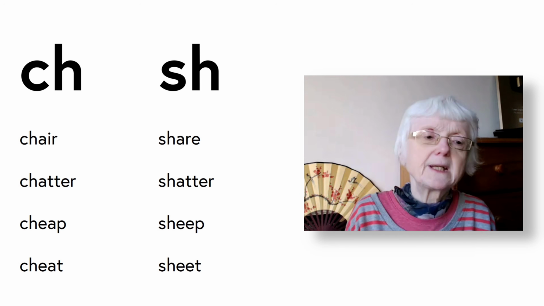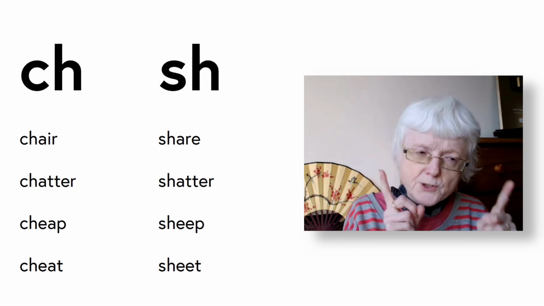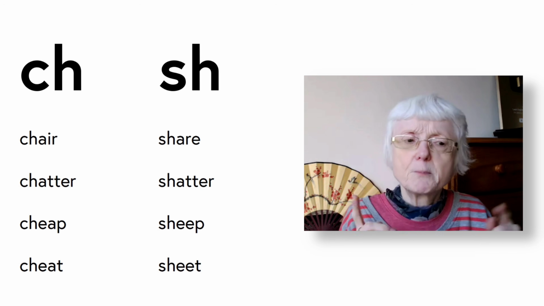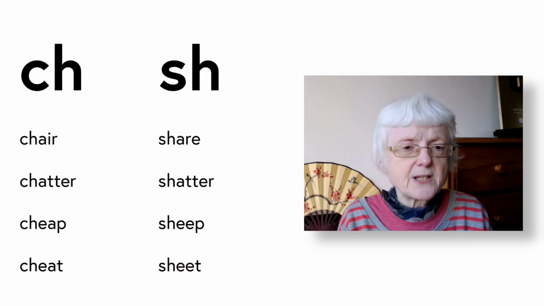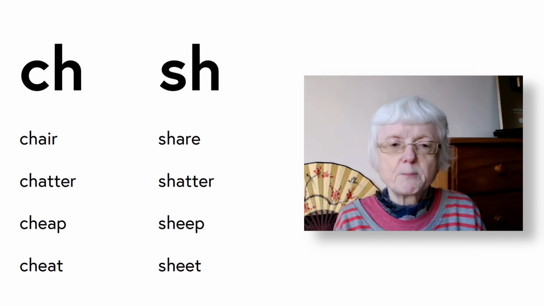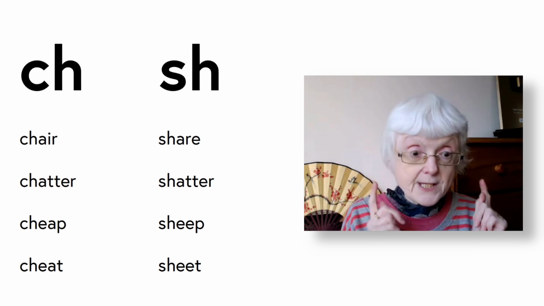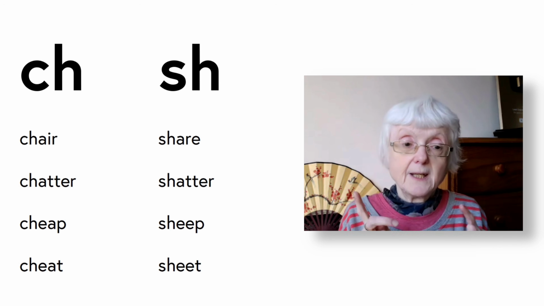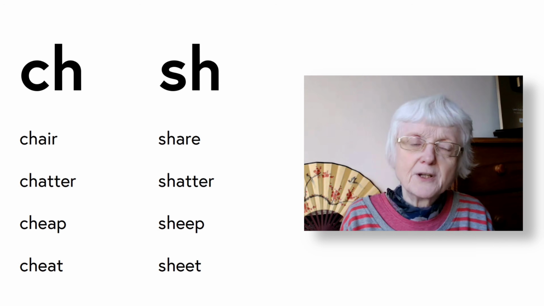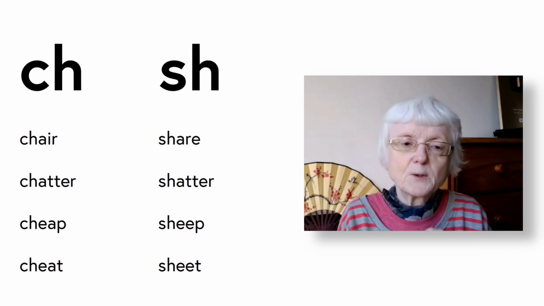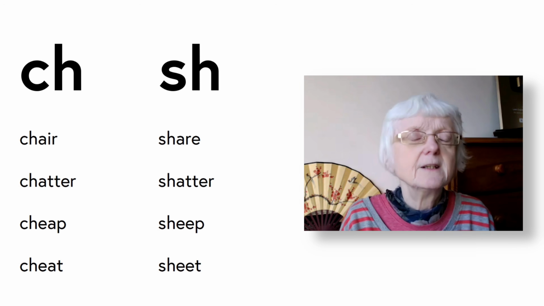So you have something like chair and share, and you can see that the spelling's different, but the pronunciation is the same. So don't worry about that. I know it's a bit confusing to have different spellings, but these words have the same vowel sound. The only difference is the ch and the sh. So chair and share.